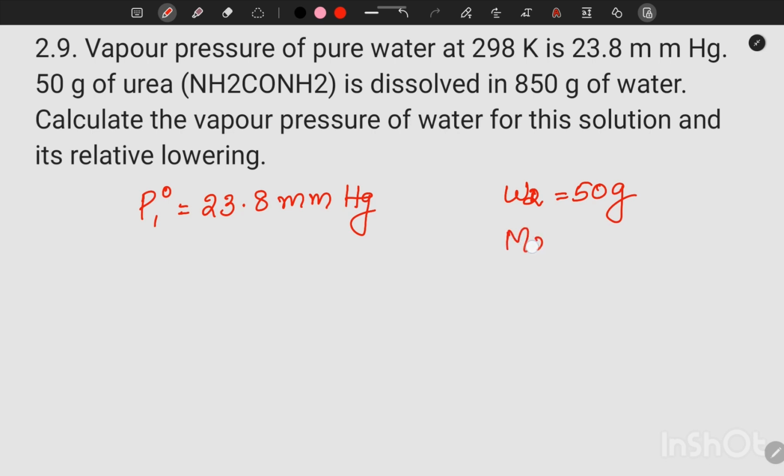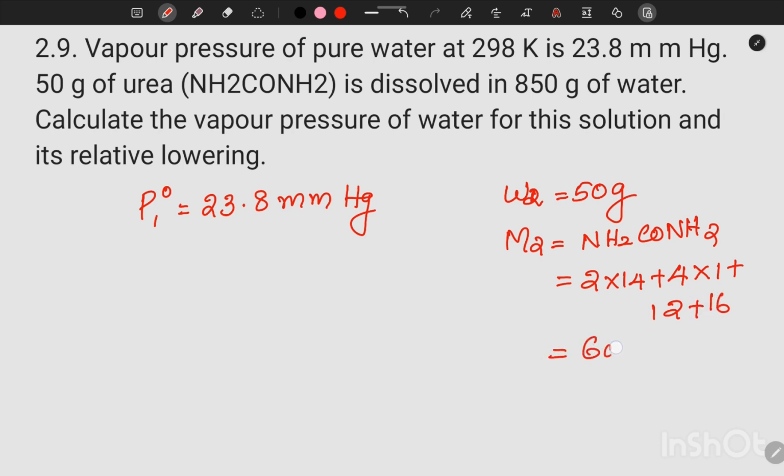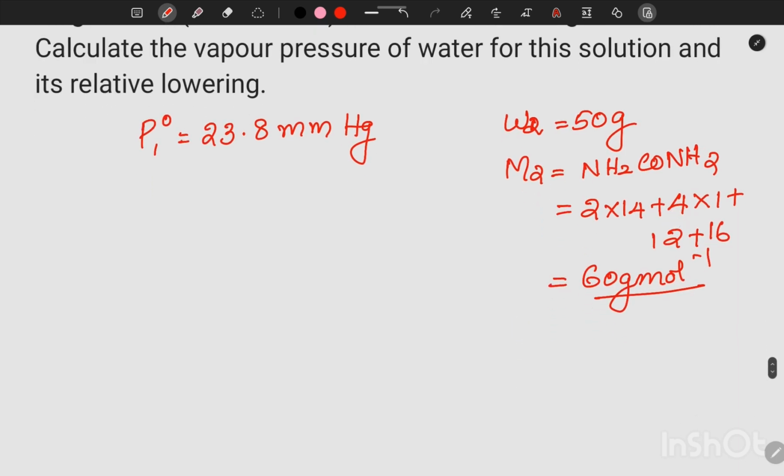Molar mass of solute, urea is our solute, so NH2CONH2, 2 into 14 plus 4 into 1 plus 12 plus 16. When we simplify, we will get 60 gram per mole. Then next, mass of solvent is given as 850 gram.